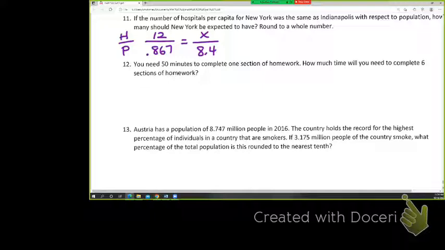So, my 12 over 0.867 equals x over 8.4. 12 times 8.4 divided by 0.867.